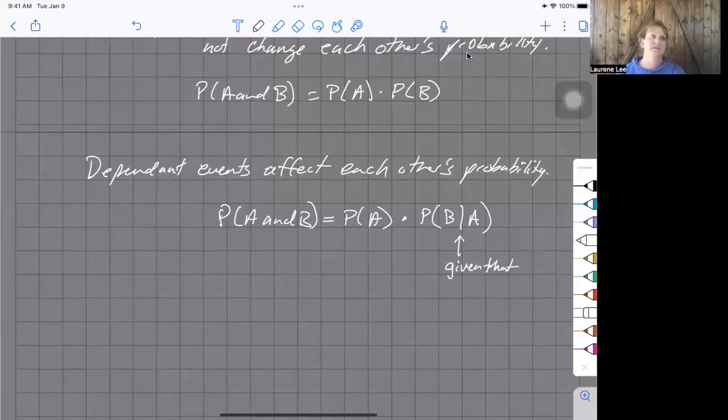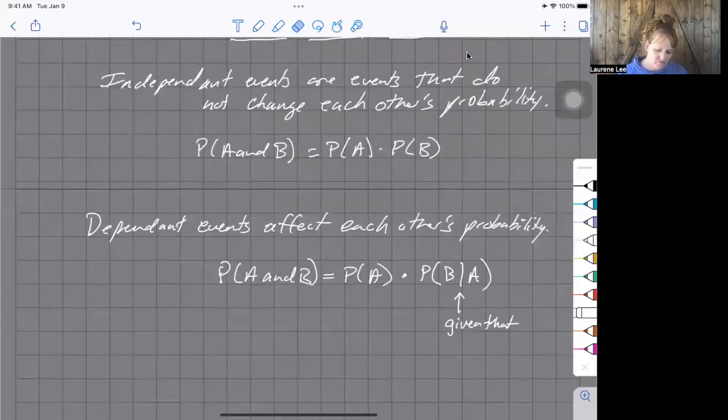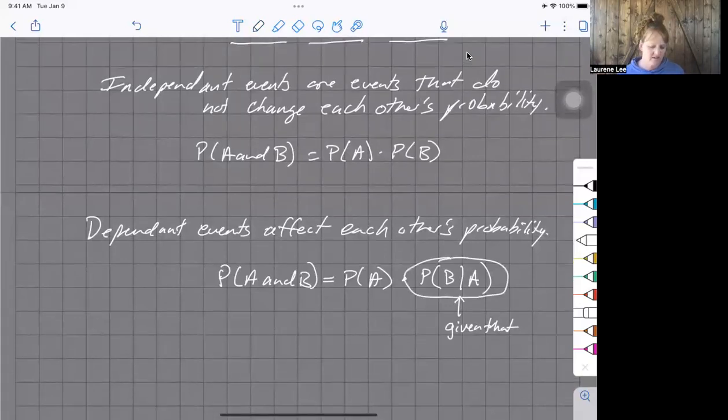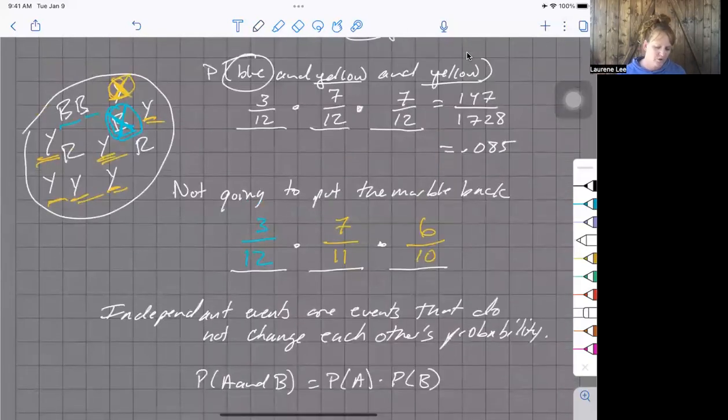So it's kind of a language way of saying A occurred and that affected B. Okay, now how does this flesh out practically? This thing right here, we're actually doing that automatically in the marble problem when we decrease these numbers.